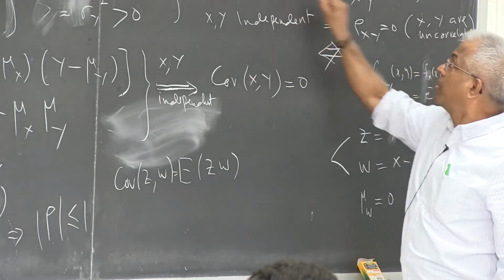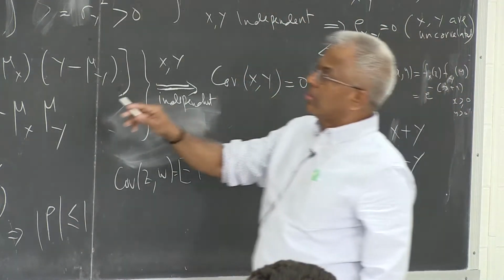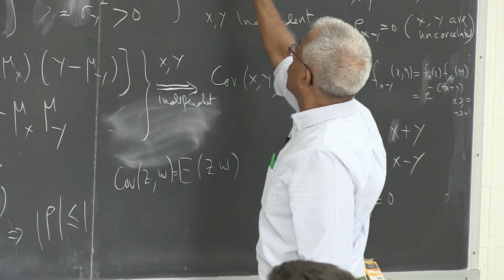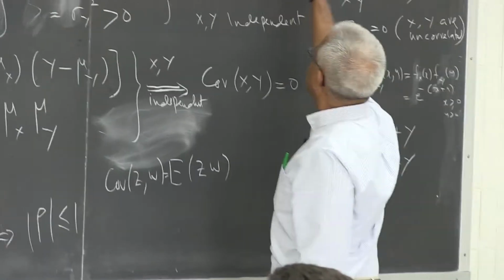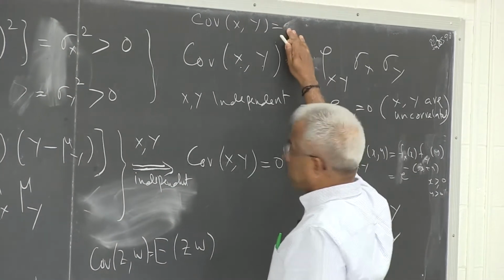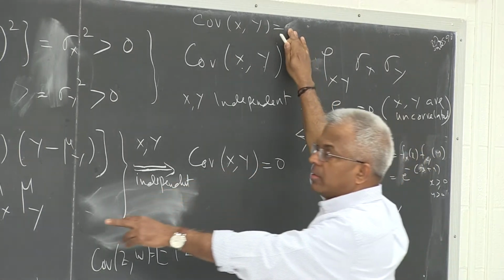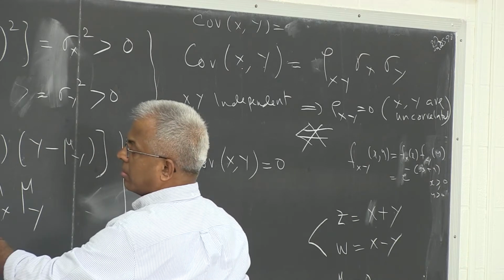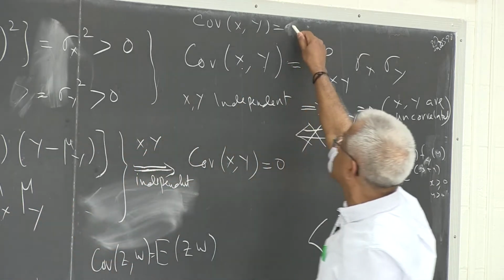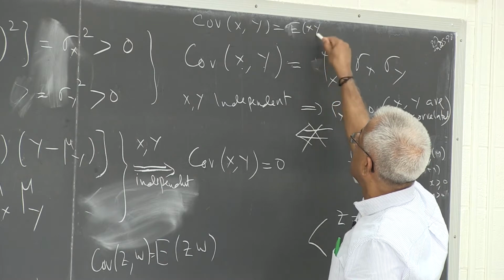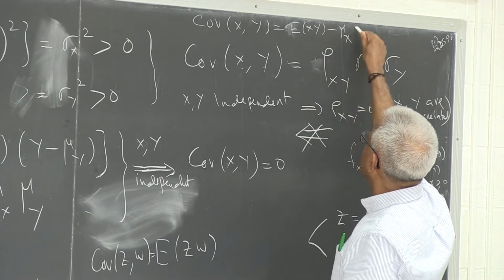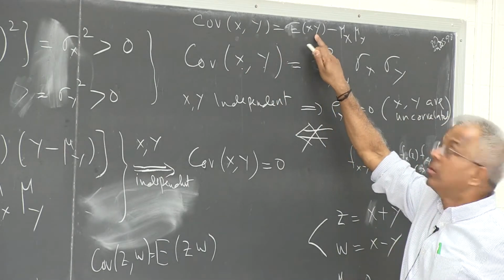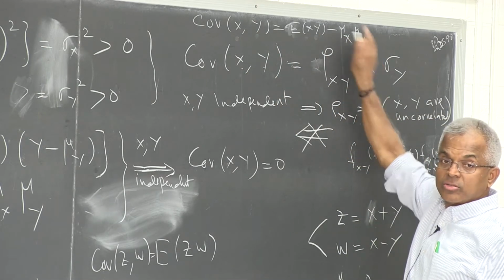You also have another expression: the covariance of x comma y is E of xy minus mu x mu y. So the covariance of z comma w is the expected value of zw minus this, but one of these is 0, so this term is not there.